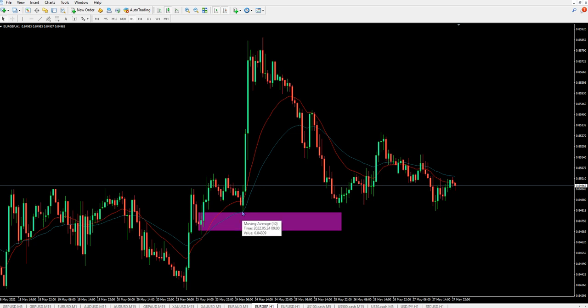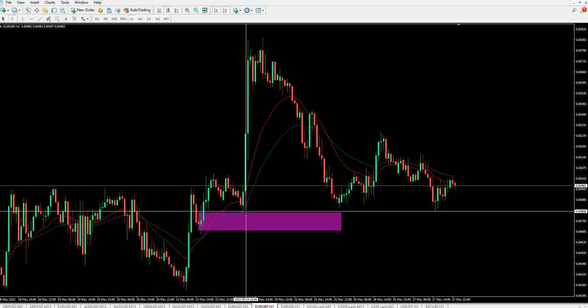And so a perfect touch of the zone and off of the moving average, 12 pips be a stop below the POI. Of course, it moves well over 100 pips.